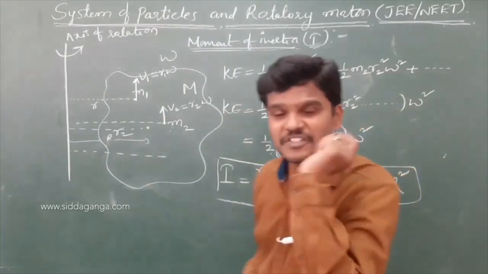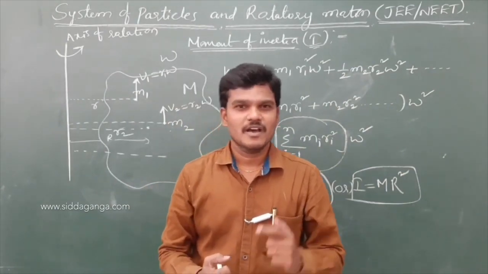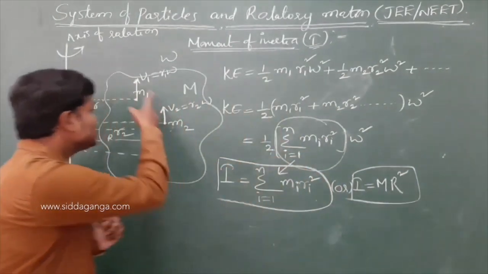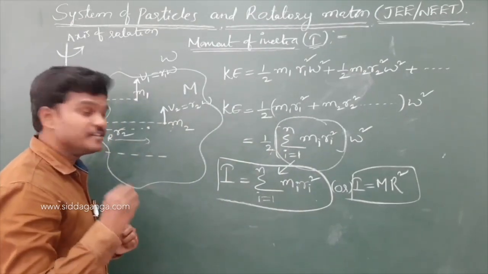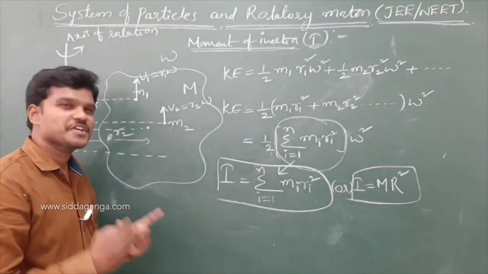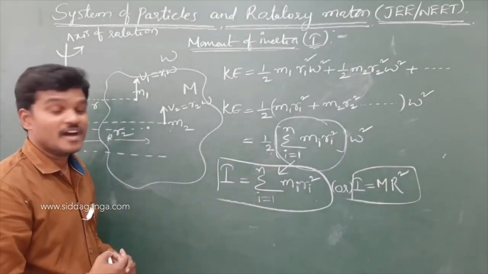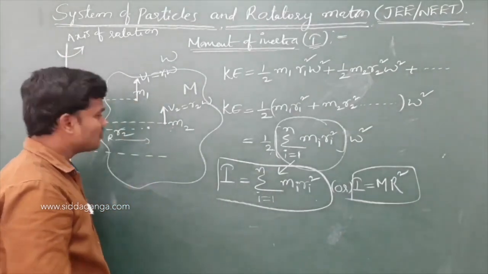And this moment of inertia is generally a property of a body, and it depends on mass distribution. Of course it depends on shape, size, and the axis of rotation, because there is a distance.